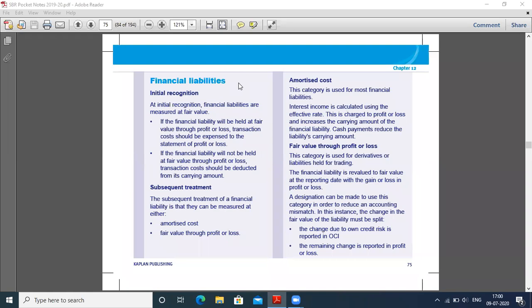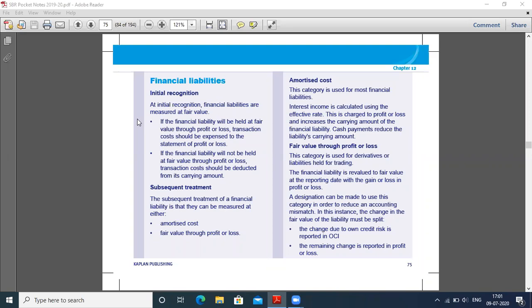Yesterday we discussed financial liabilities. Today we'll be focusing initially on how we need to recognize the financial liability in the books of accounts, and subsequently how we need to measure it.